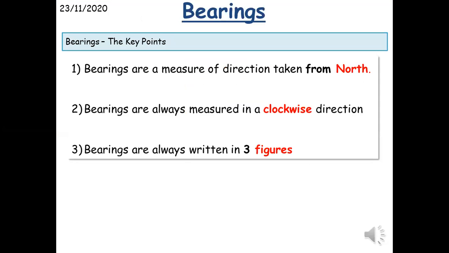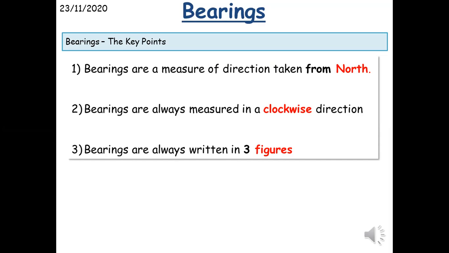Okay, so the key points of bearing: number 1, you find the word from and you draw a line pointing to the north from the letter or the word after the word from. Number 2, you connect the 2 points and you measure the angle, but you have to move clockwise.